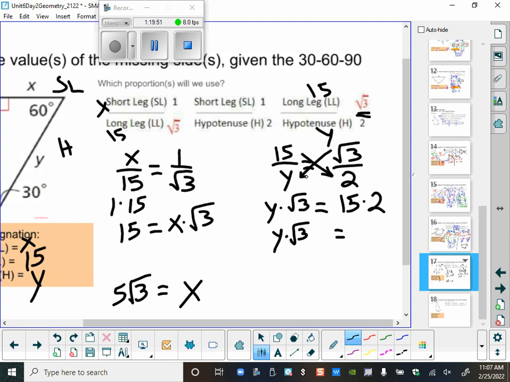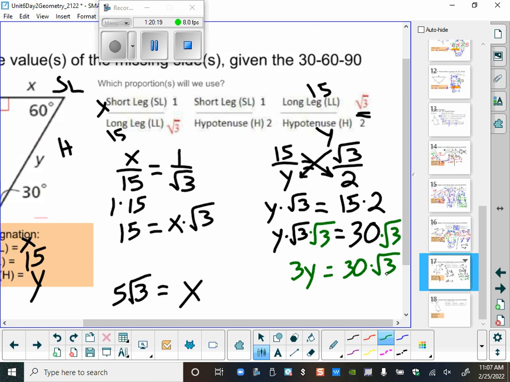Now, just like before, we have to multiply by the square root of 3. And you get 3y equals 30 times square root of 3.